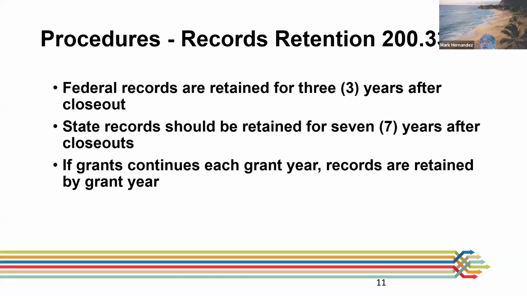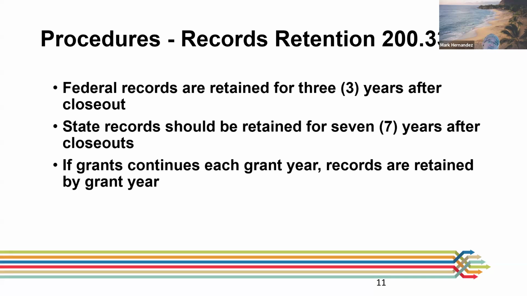State records, that one's sometimes confusing. Some state agencies still say, we're using the federal standards, which is a 3-year retainment. But the state itself has a part where the state library has their own standards, and they say anything that has contracts, other things like that, is a 7-year standard.